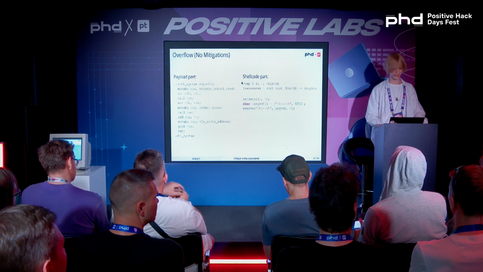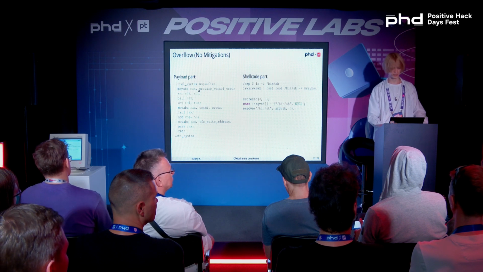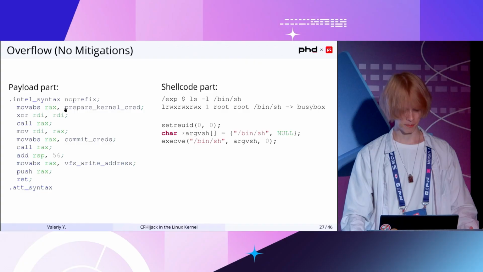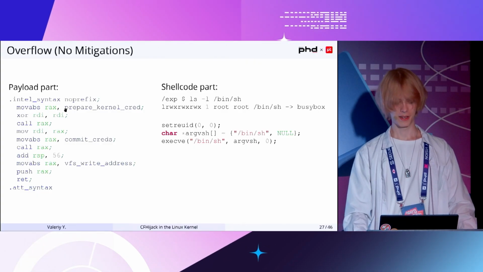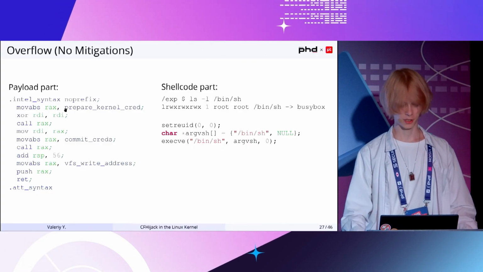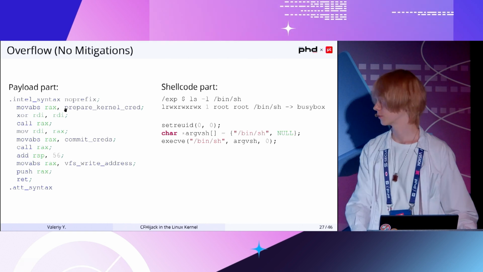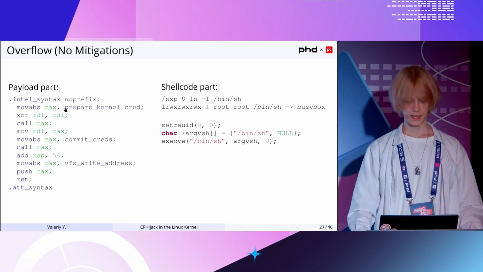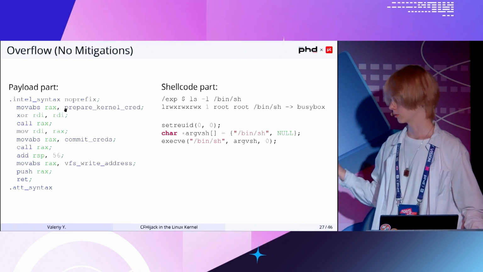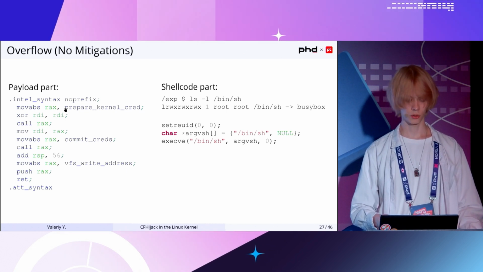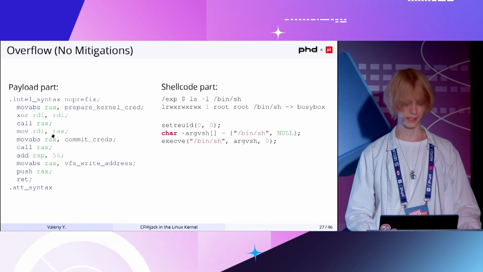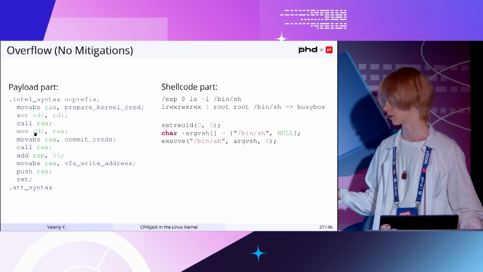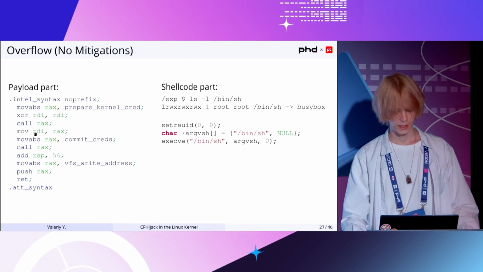As you can see, this code is longer, but don't worry. In RAX, we store the result of prepare_kernel_cred, for which we use 0 in the RDI register to invoke the function. The prepare_kernel_cred result is used as the commit_creds parameter, and we move the RAX value to the RDI.